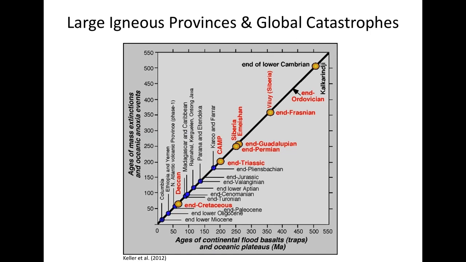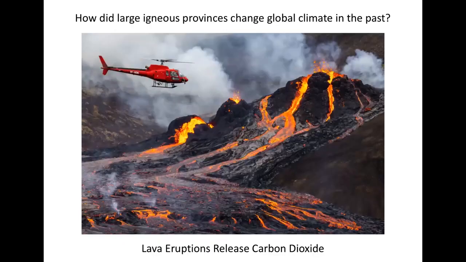So there's a range of different expressions of global catastrophe, but large igneous provinces always seem to be correlated with them. So that raises the question: there is a hypothesis that large igneous provinces can potentially cause global warming and other climate change.